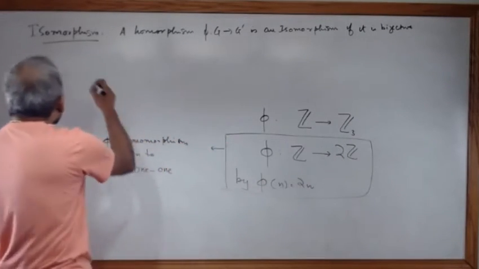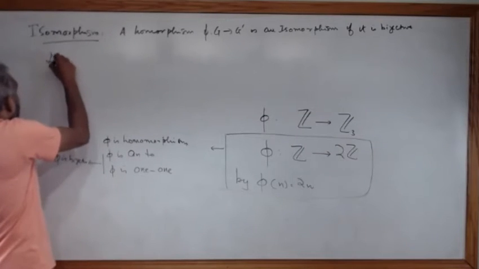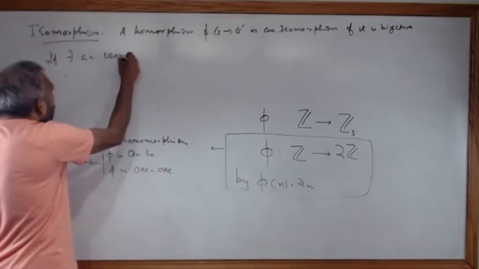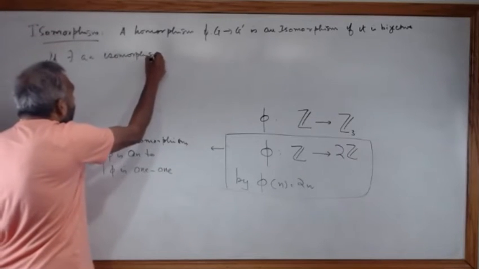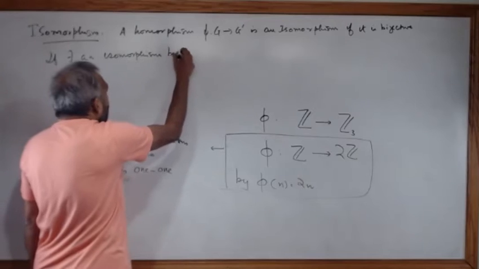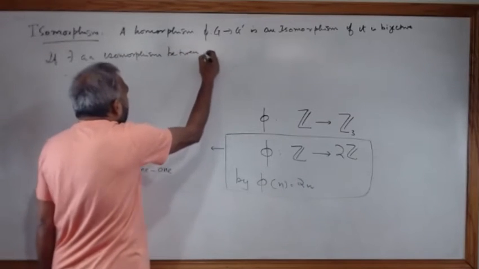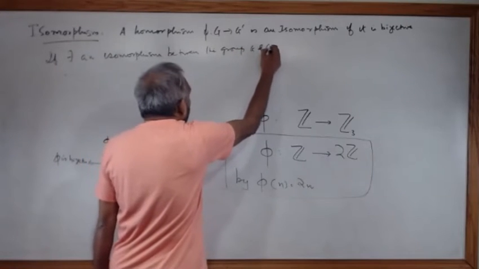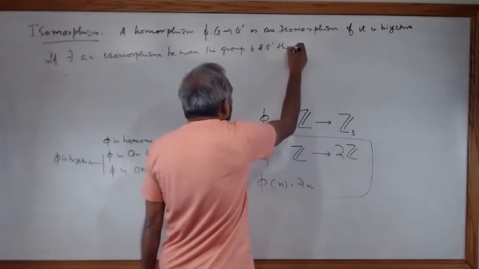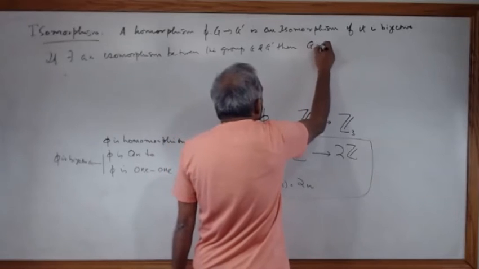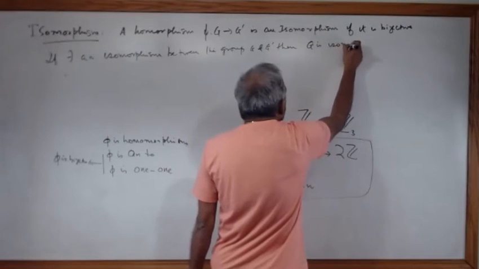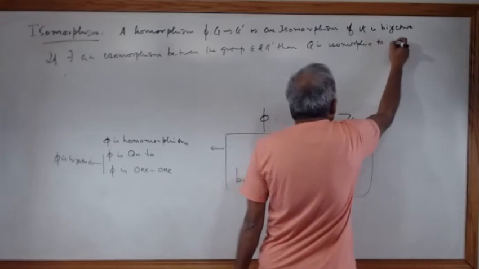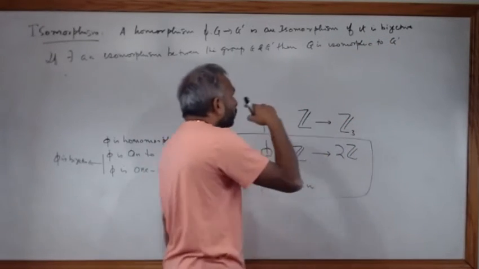So we can say that if there exists an isomorphism between the groups G and G prime, then G is isomorphic to G prime, and vice versa.